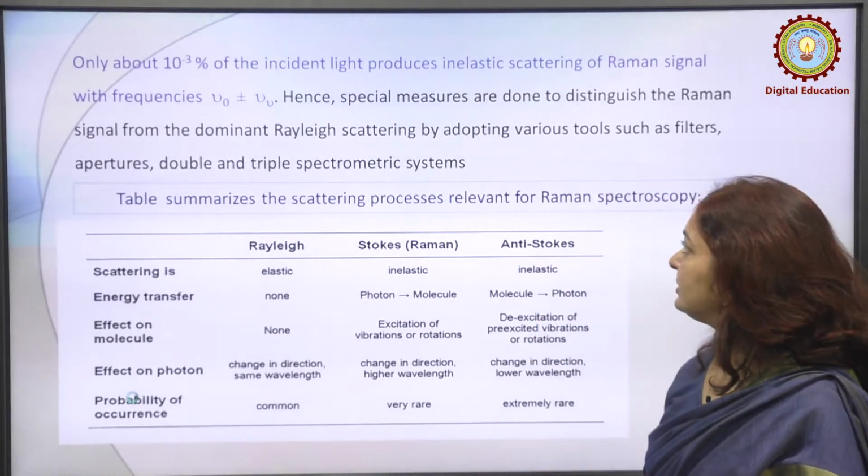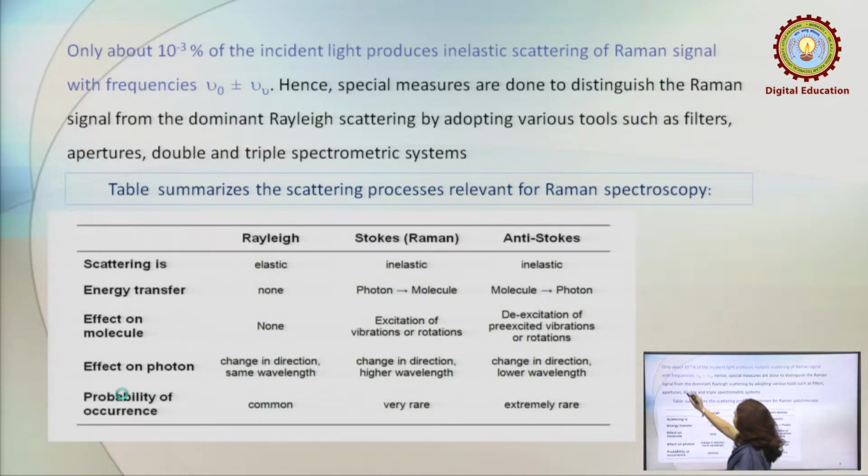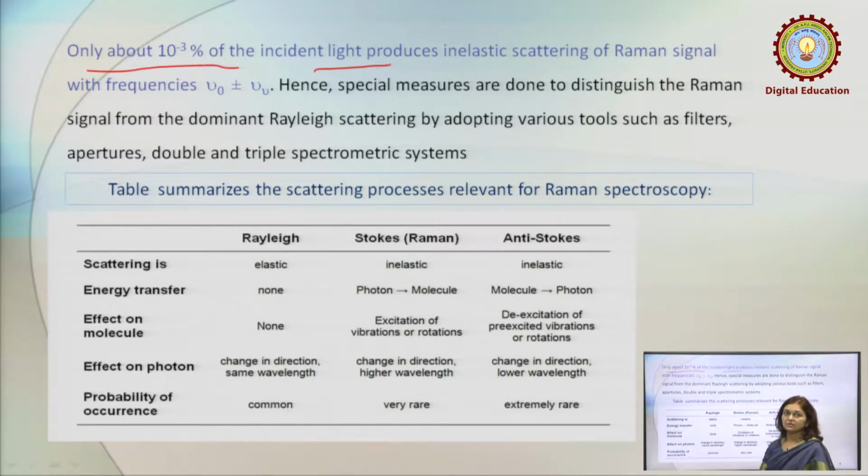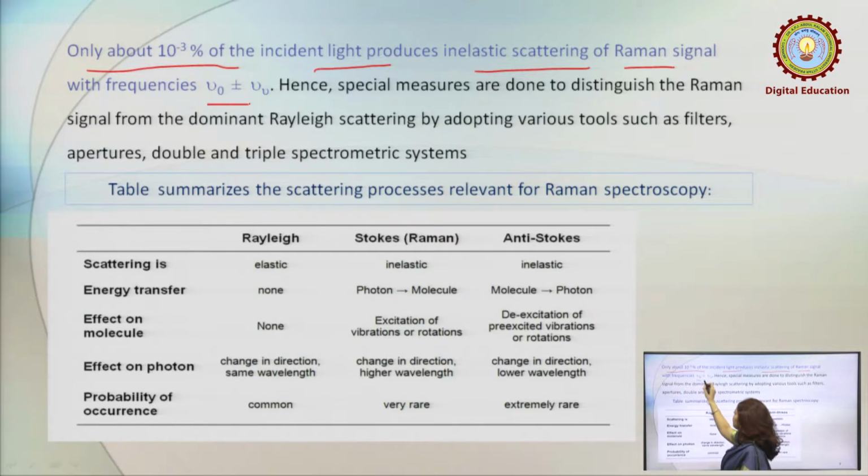Now, it is a very important part: only about 10 to the power minus 3 percent of incident light produces inelastic scattering of Raman signal with frequency, initial frequency plus or minus scattered frequency.